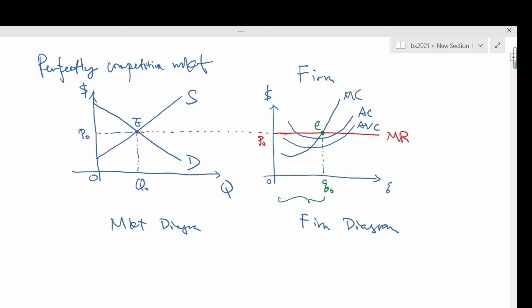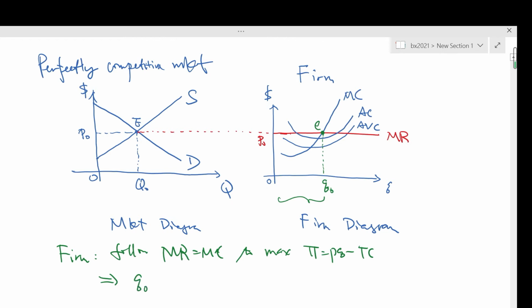Okay, so firms will follow MR equals MC to maximize profit, which is PQ minus total cost. And this implies, as illustrated in our diagram here, the optimal unit of output is Q0.